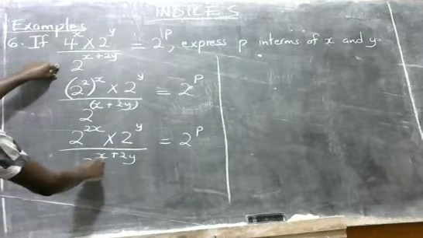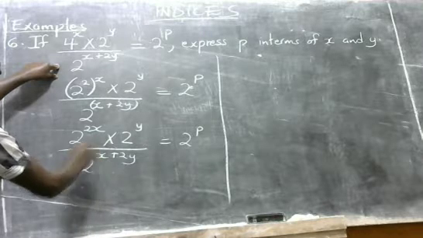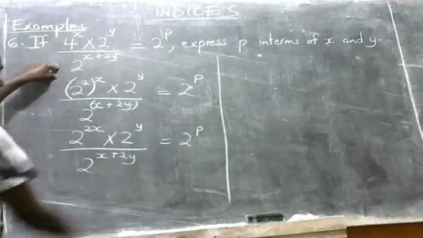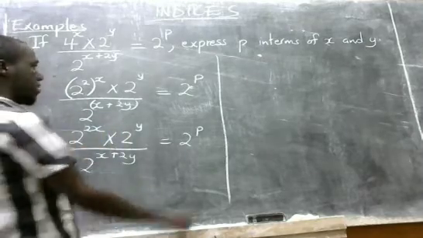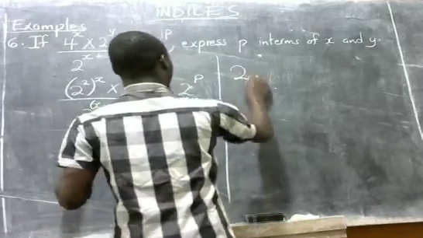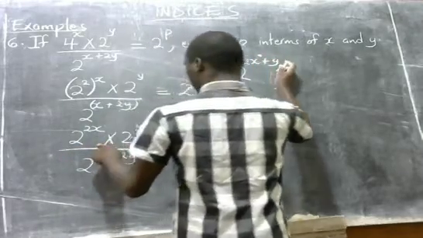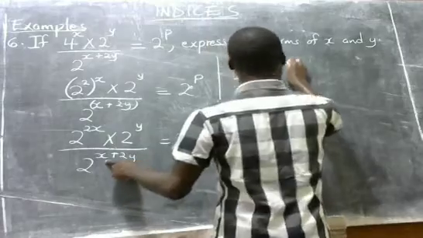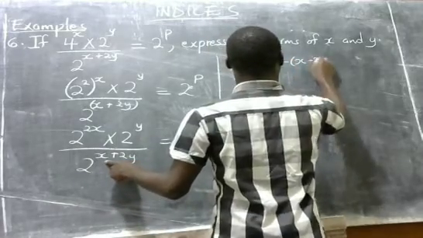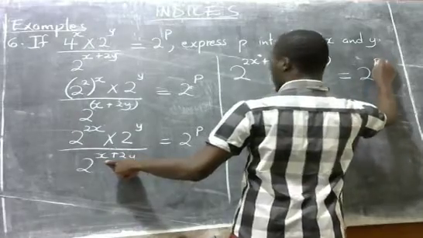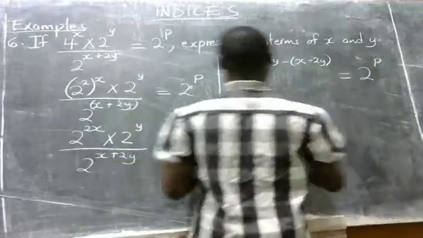So dividing numbers of the same base, we shall be subtracting, and multiplying numbers of the same base, we shall be adding. So this left-hand side is the same as 2 to the power 2x plus y, then minus x minus the 2y, is equal to 2 power p on the right-hand side.